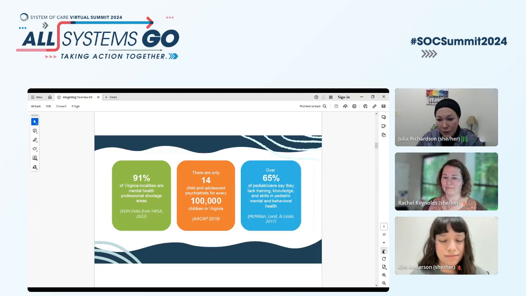We know that that's partially because of a tremendous workforce shortage. This is affecting our whole country, but in the state of Virginia, we have an especially bad problem with our workforce shortage. We don't have enough psychiatrists, therapists, or just in general, pediatric mental health providers. 91% of Virginia localities are mental health professional shortage areas designated by HRSA in 2022.